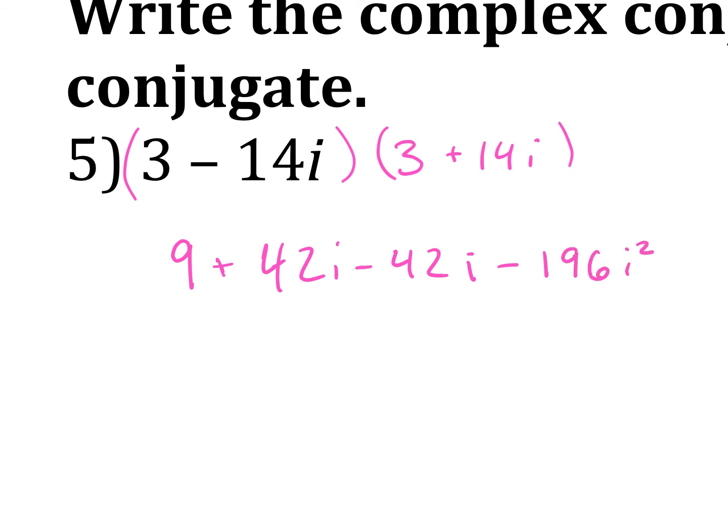So you could just square the first term, square the second. That works. Whenever you're multiplying conjugates, that works. Because the middles are always going to cancel. So you don't even have to do the outsides and the insides because they cancel. So we have 9. What does the negative 196i squared turn into? Positive. So 9 plus 196 would be? 205.